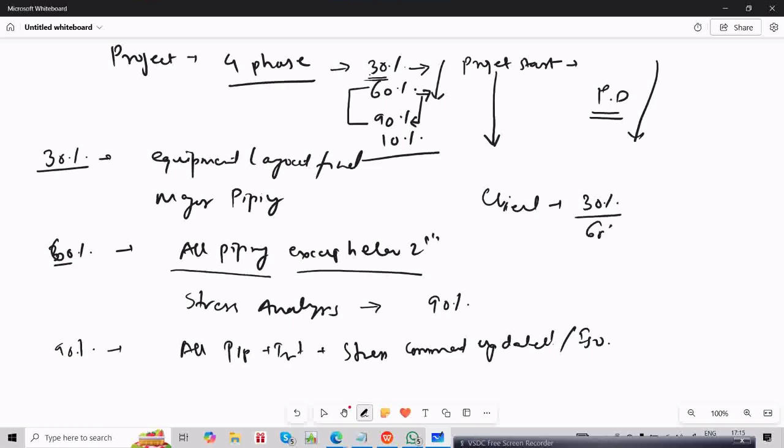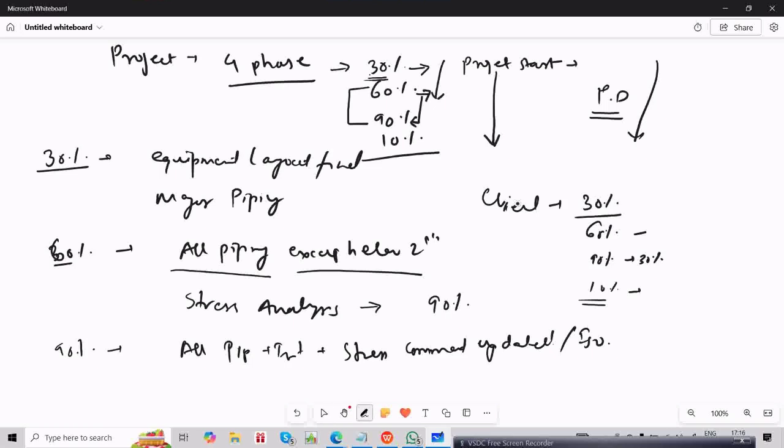At 60% he will pay the next 30%, and at 90% he will pay the next 30% of the amount. The remaining 10% he will keep with himself.